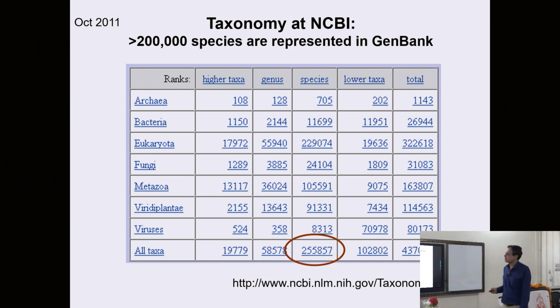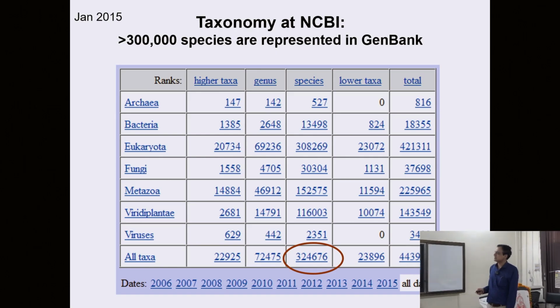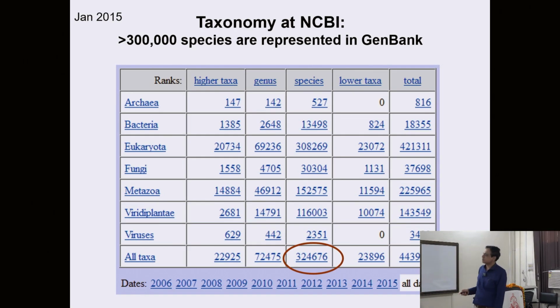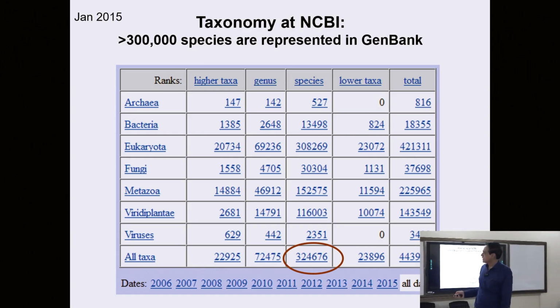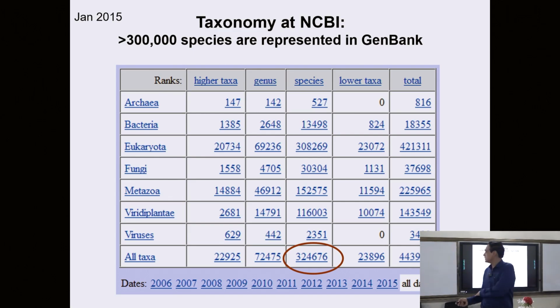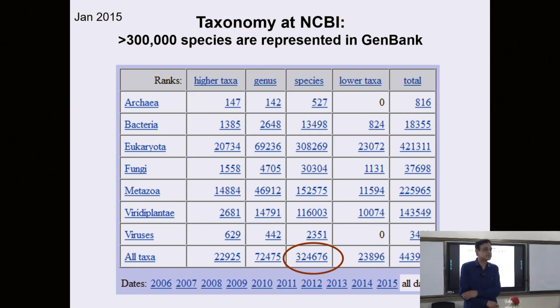As I was keeping track, I saw that almost every 3 years, about 70 to 80,000 more species are identified. In 2015, about 325,000 species, so about 70,000 new species got added in 3 years.